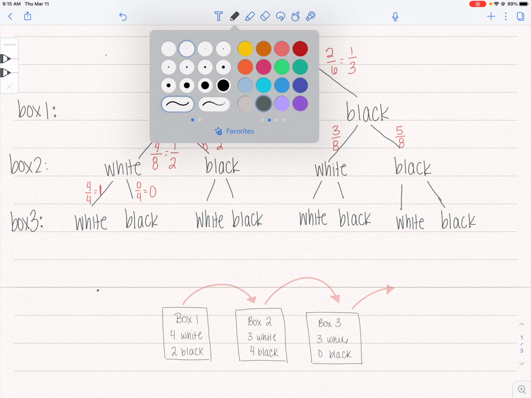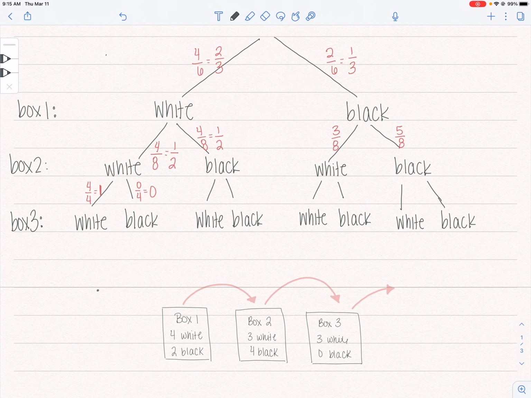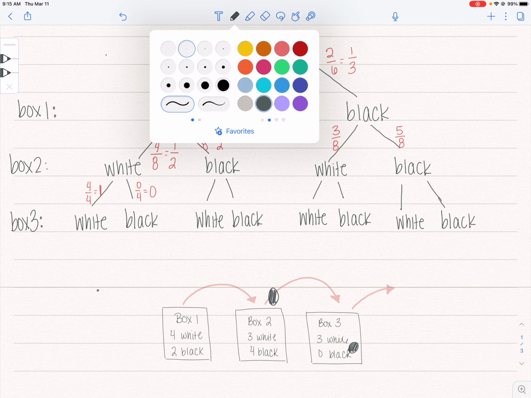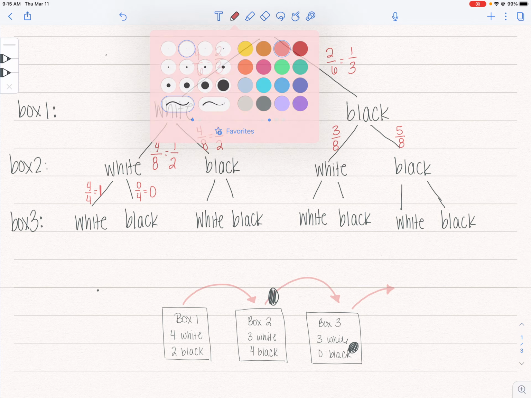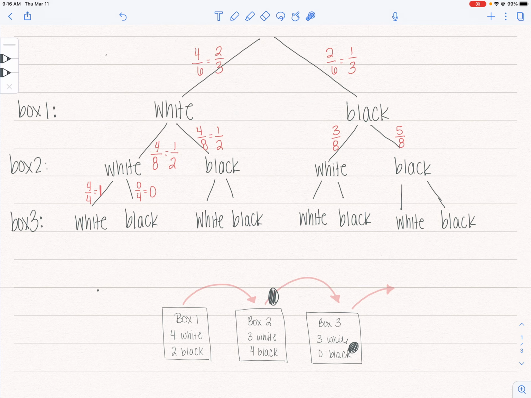And so the probability of white is going to be 3 out of a total of 4, because I just put in an extra.